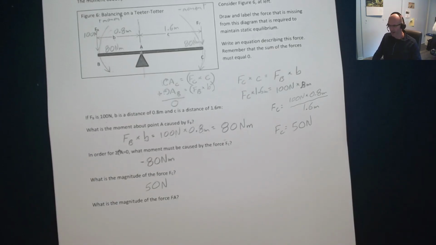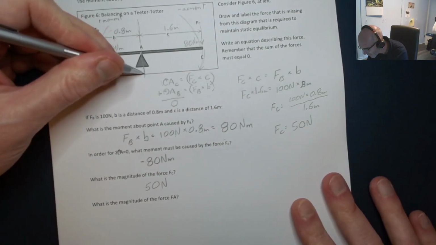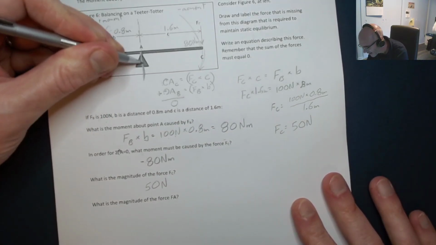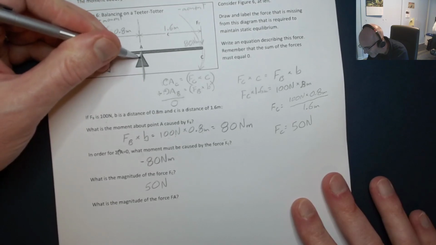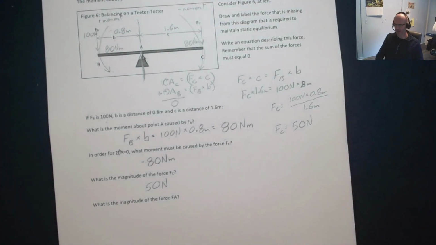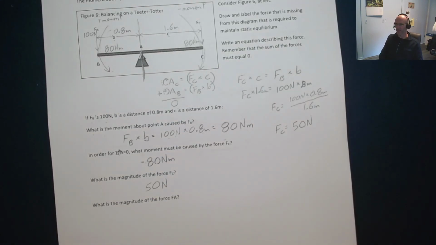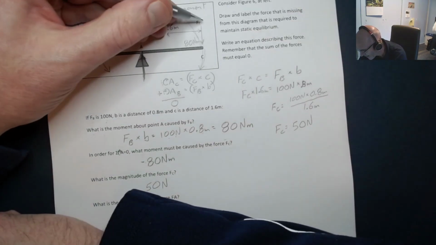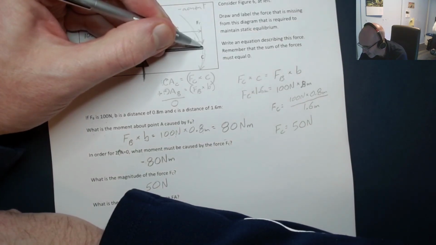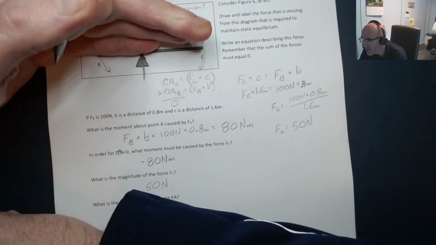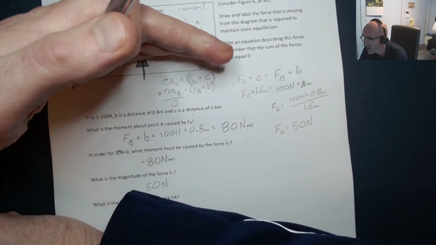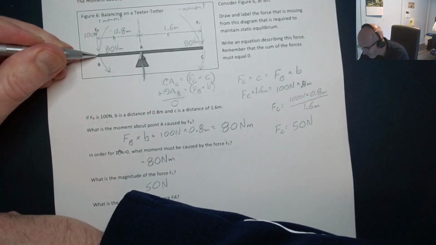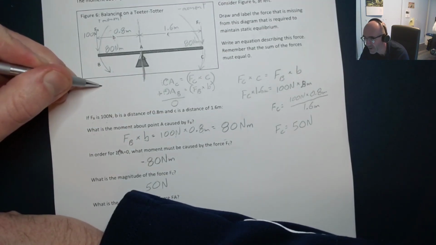What is the magnitude of force A? That's an interesting one. The forces acting on point A have to sum up to equal 0. Out here, I've got 100 newtons pushing down, and out here, I've got 50 newtons pushing down. Those two have taken control of the rotation because they're at the right distance, but what is keeping point B from accelerating downwards?